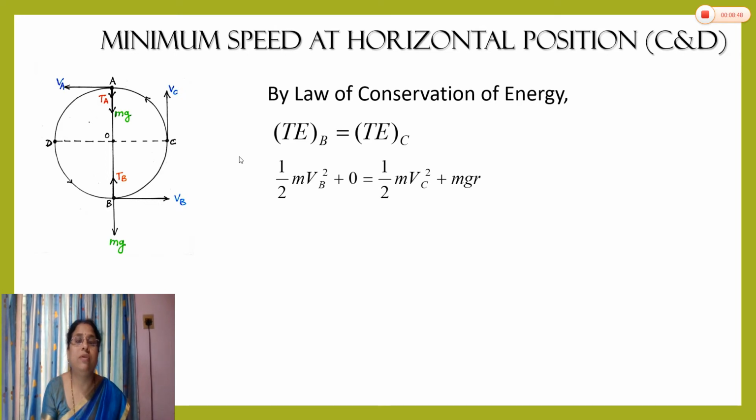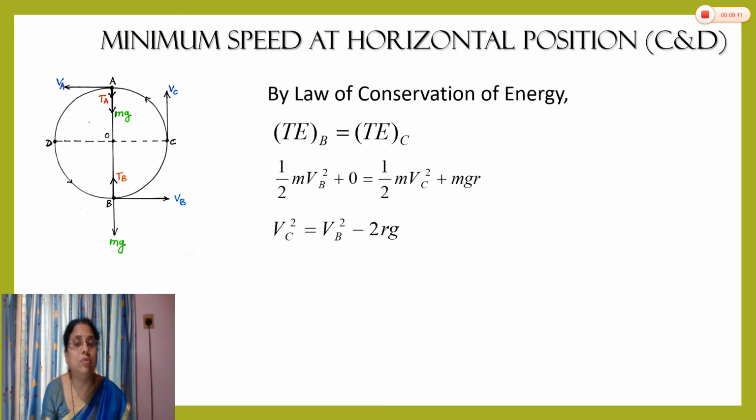So this is the equation we obtained by using the law of conservation of energy, that is total energy at point B is equal to total energy at point C. Now we solve this equation, we get Vc square is equal to Vb square minus 2Rg. And as we know the value of Vb, what is the value of Vb? It is under root 4Rg. And we square it.